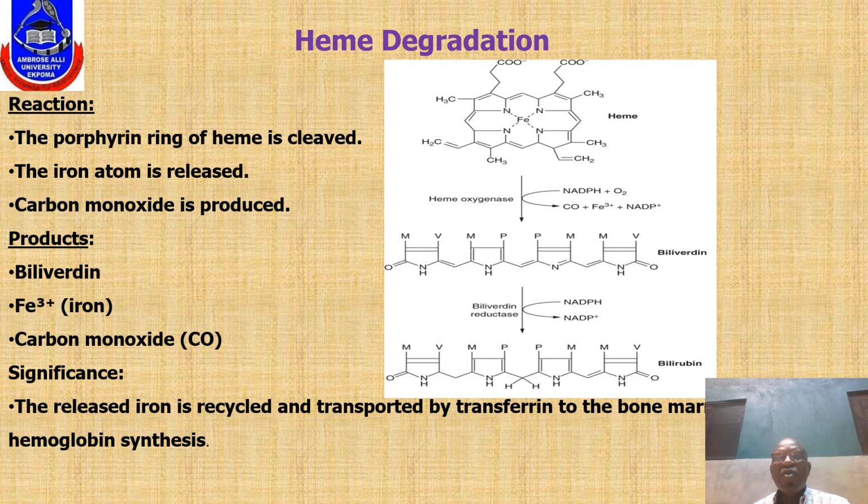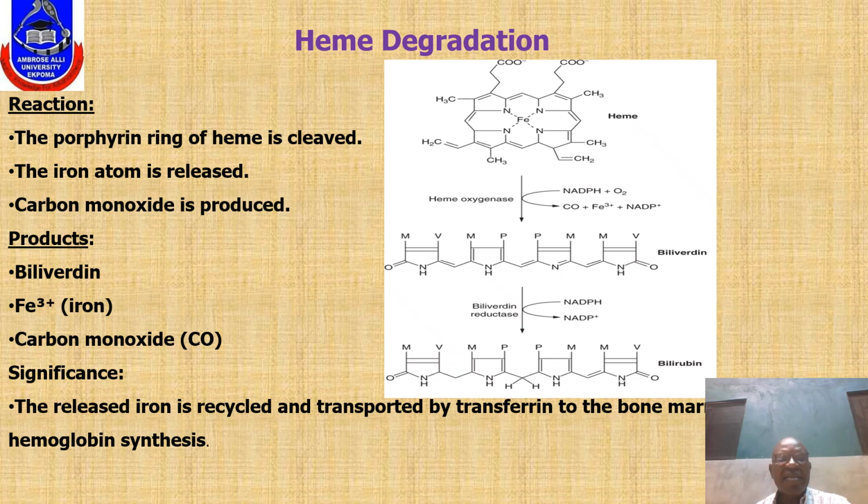Now, what reactions is heme degradation involved in? Here it is. The porphyrin ring of heme is cleaved. The iron atom is removed. Carbon dioxide is produced.